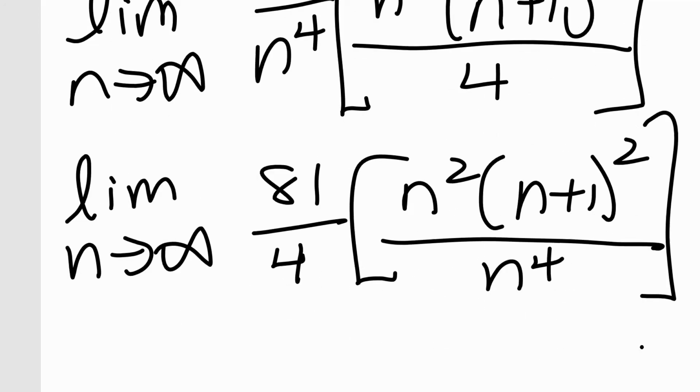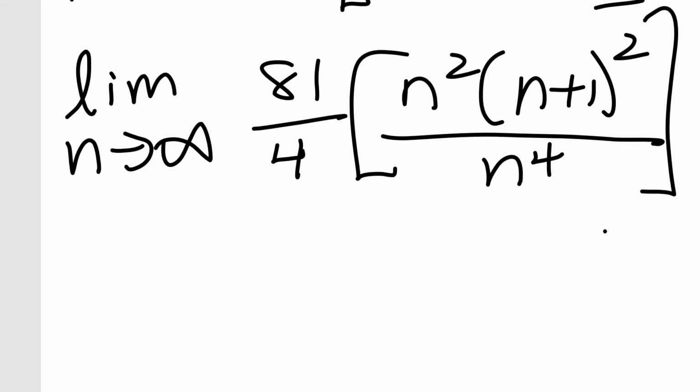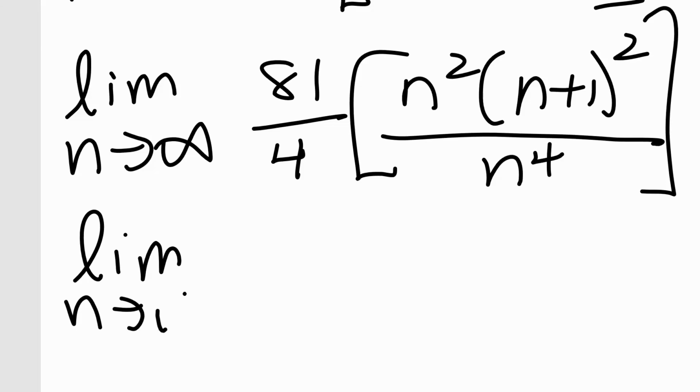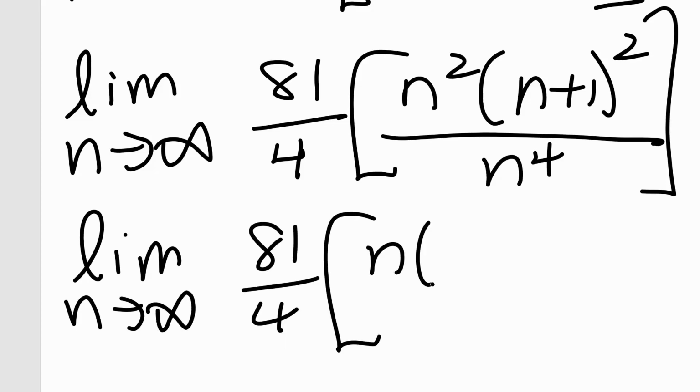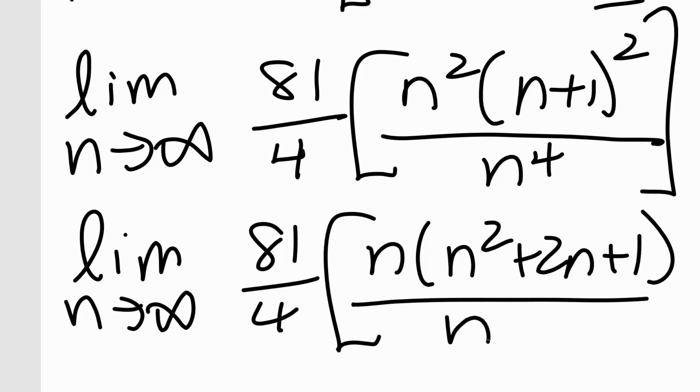All right, now that my constants, my 81/4, are out front, I want to get rid of my parentheses over here. So that's going to take me 2 steps. So I'm going to do the limit as n goes to infinity of 81/4 times (n squared plus 2n plus 1) all over n to the 4th.